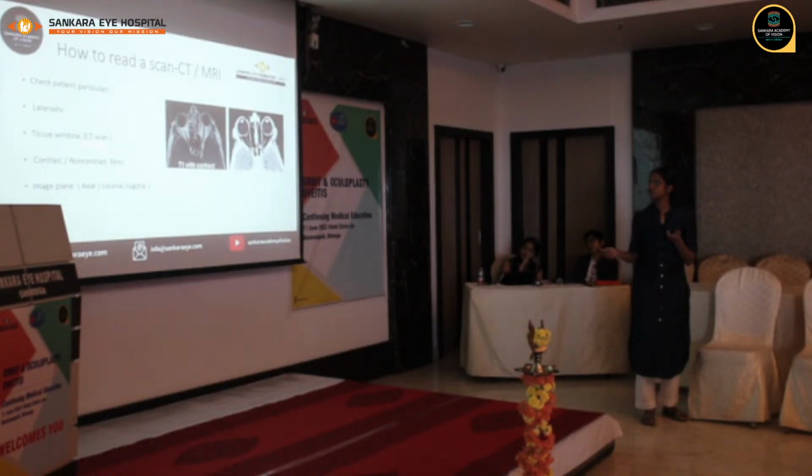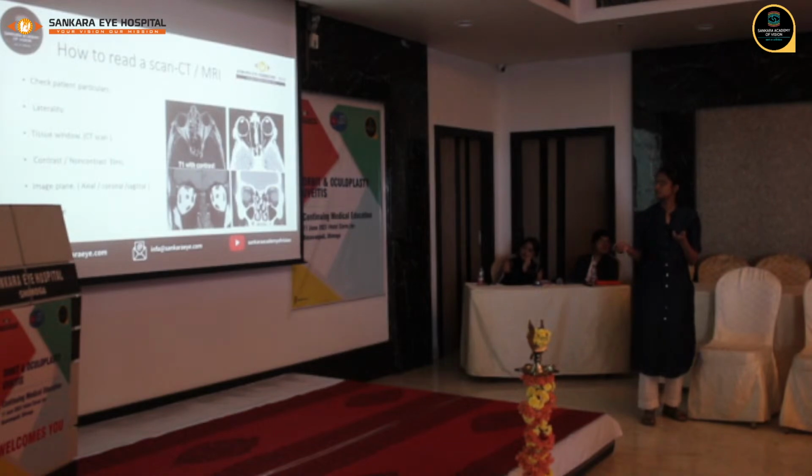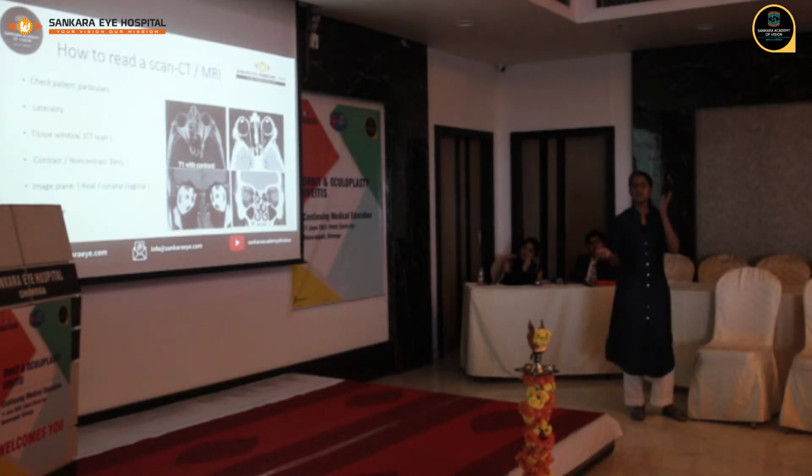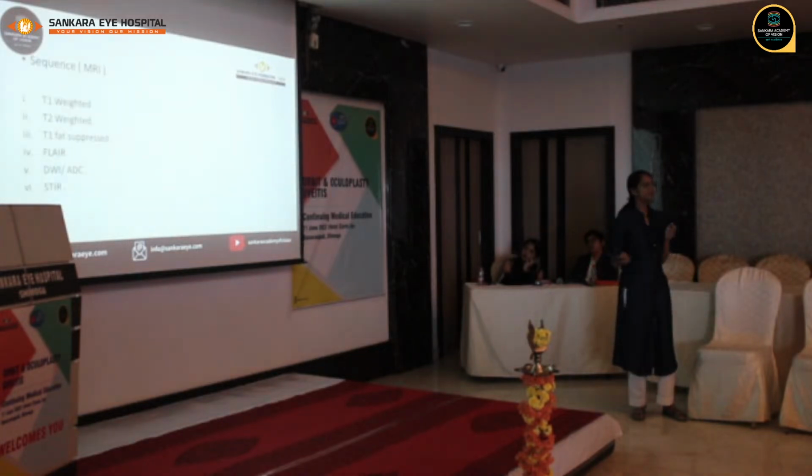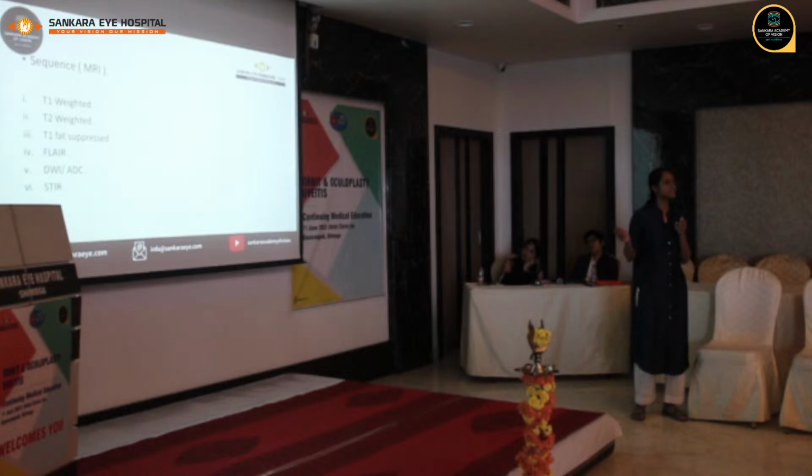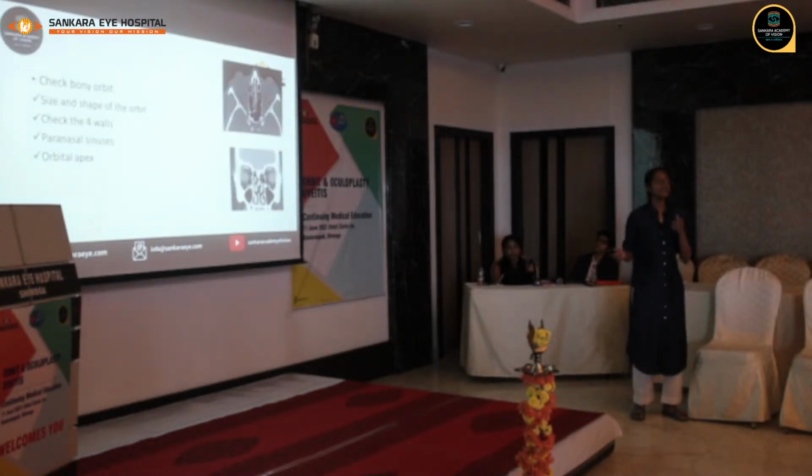And next is your plane. You should look whether it is axial, coronal or sagittal. And if it is an MRI, you should also talk about the sequence, whether it is T1 weighted, T2 weighted, fat suppressed, FLAIR, T1 and STIR. And finally, whenever you see an orbit, you tend to jump into the lesions, which you should never do. You should always go in order.